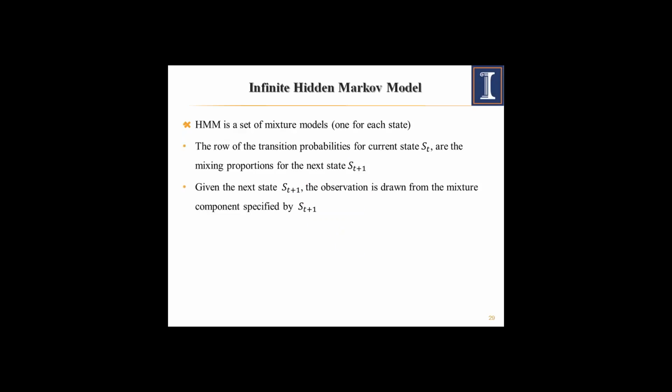So this is what the transition matrix gives us. And also, when we go to the next state, the observation comes from an emission distribution. So this is how we can see hidden Markov model as a mix of mixture models. So infinite hidden Markov model is basically an extension of infinite mixture model.